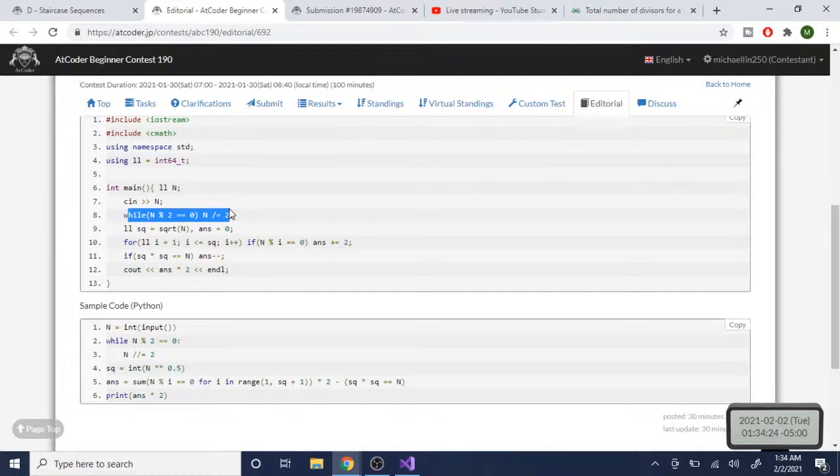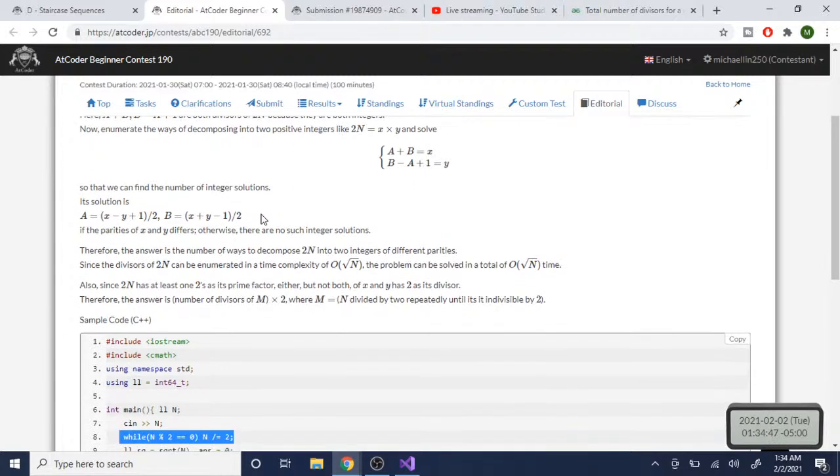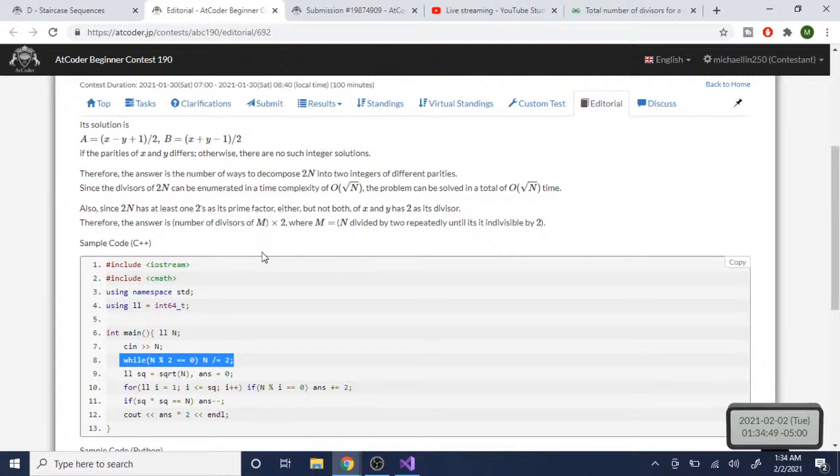Why do we divide by 2 every time? Number of ways to decompose it into 2 different parities. The divisors of 2n can be solved in numeric complexity. Since 2n has at least 2 as its prime factor, either but not both, x and y has 2 as its divisor. Therefore, the number is the number repeatedly divided by 2's.